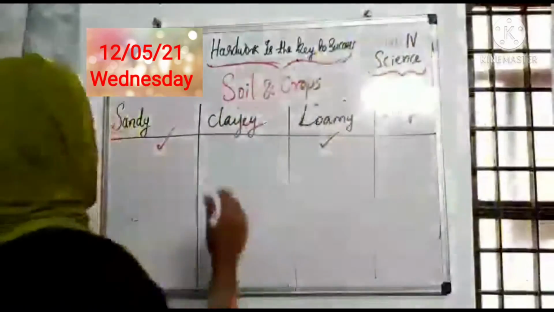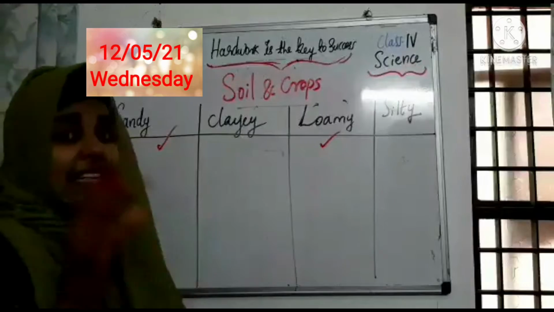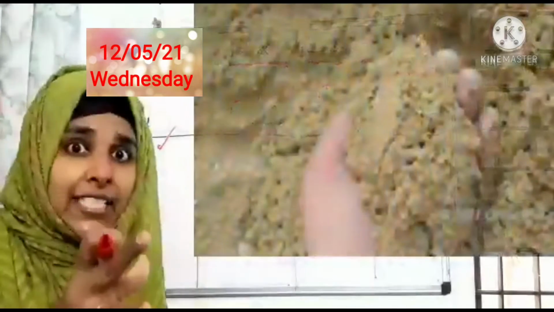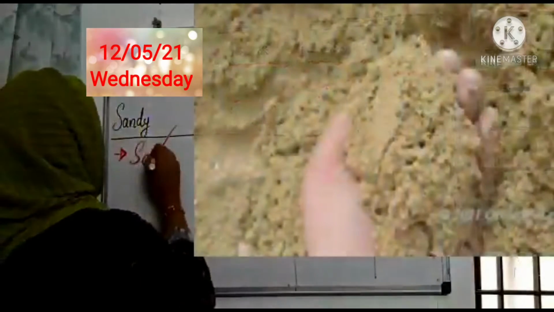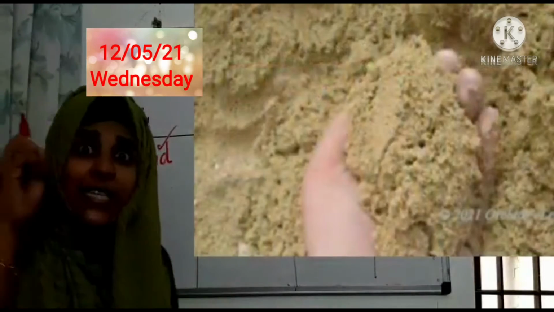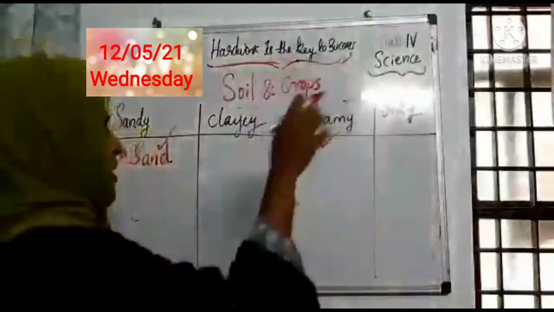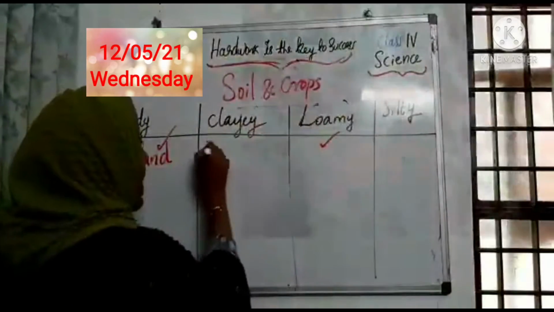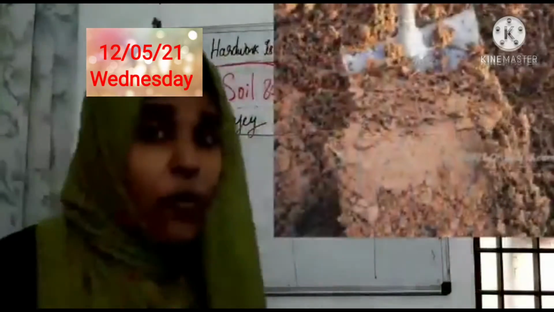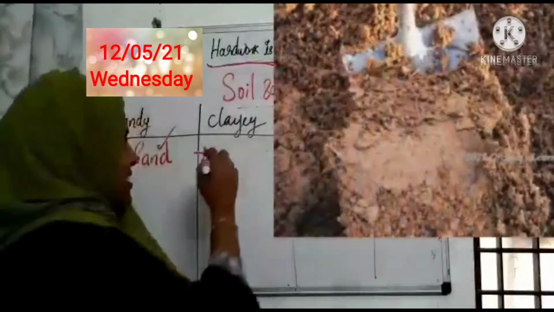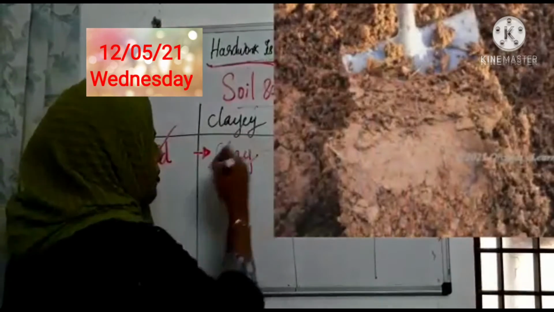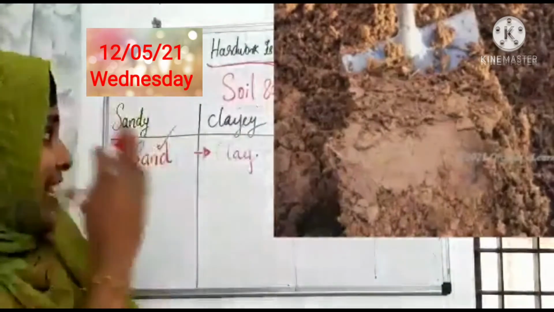In sandy soil, the soil has the greatest proportion of sand particles. Which particles, children? We can see a lot of sand particles in sandy soil. But in clayey soil, we can see the greatest proportion of clay particles.